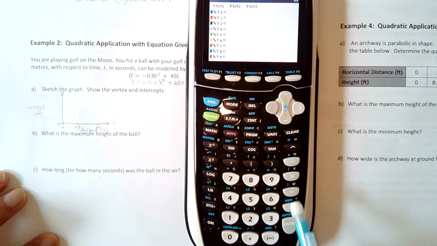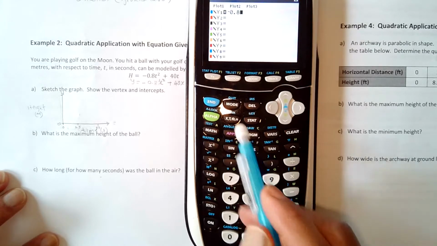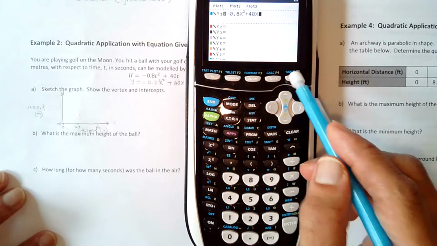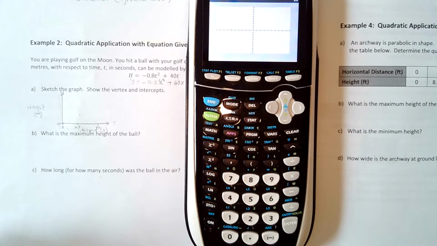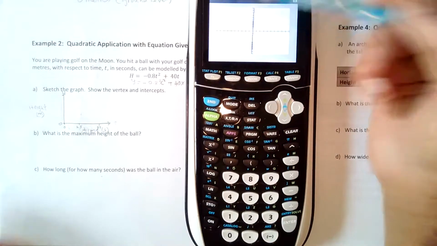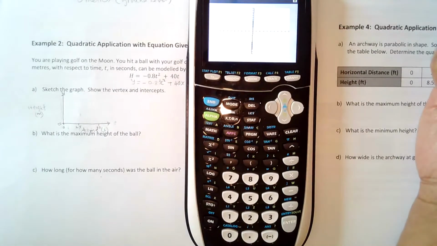Do not use the subtract sign for a negative 0.8x squared plus 40x in a graph. And when you enter your equation and press graph, you will not see much. You'll see this line here in my calculator.